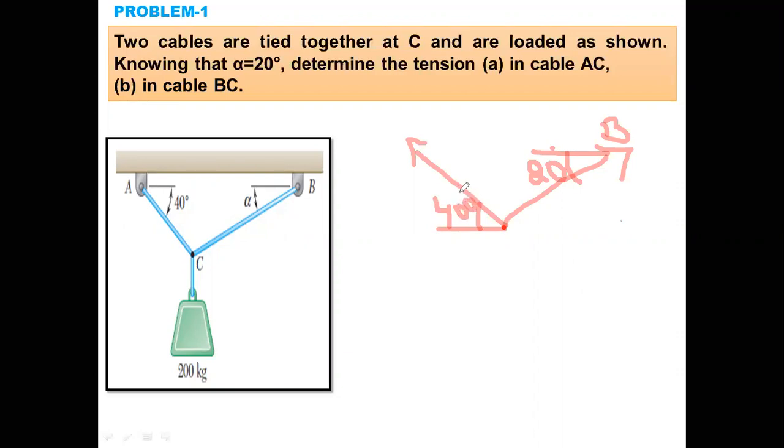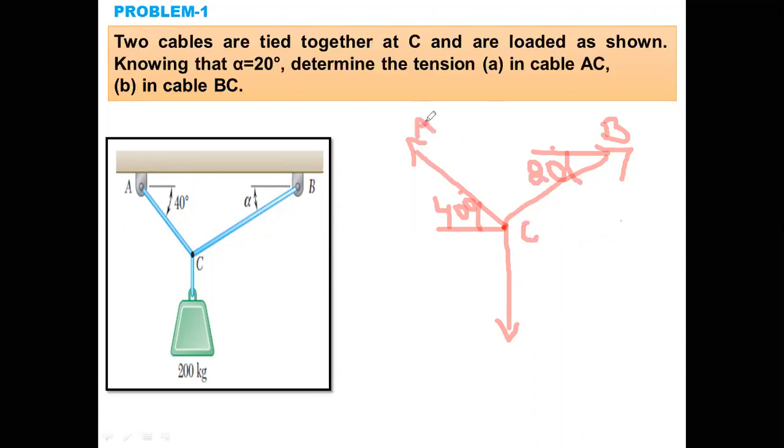There is also a load tied at point D, having a weight of 200 kg, which is acting vertically downwards. So determine the tension in the cables BC and AC.